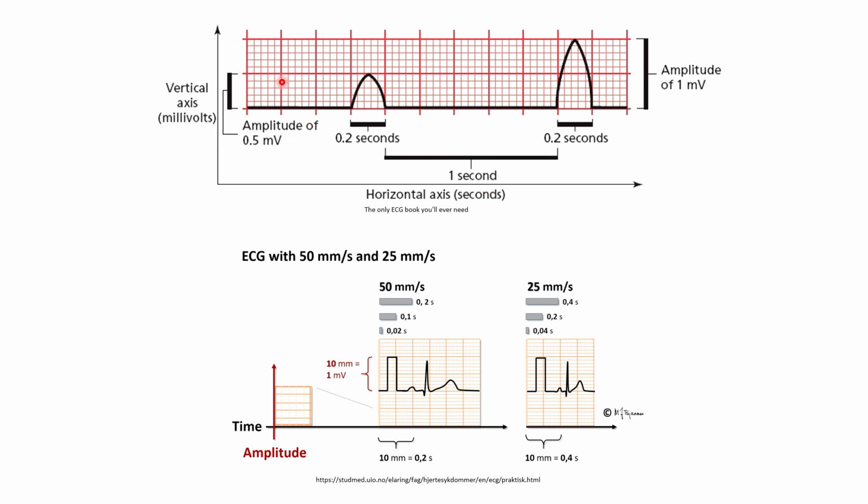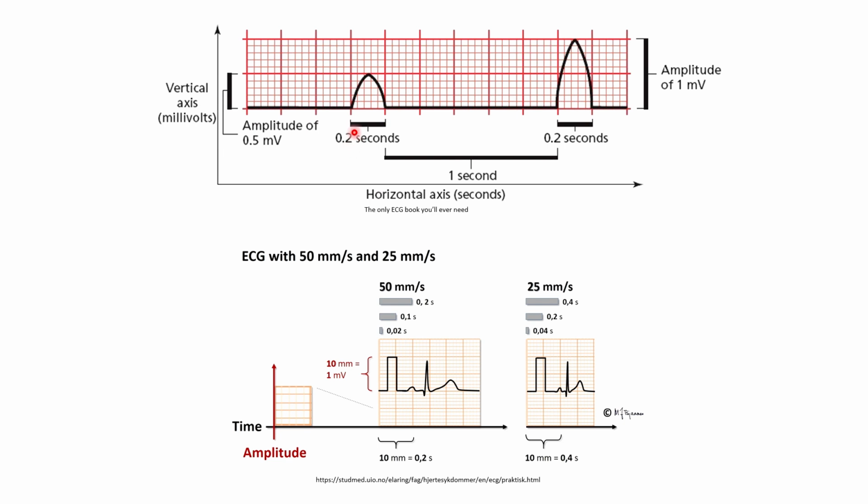So each ECG paper has big boxes and small boxes. Remember something, that each small box, these ones we talk about, represents 0.04 seconds, whereas each large box represents 0.2 seconds.